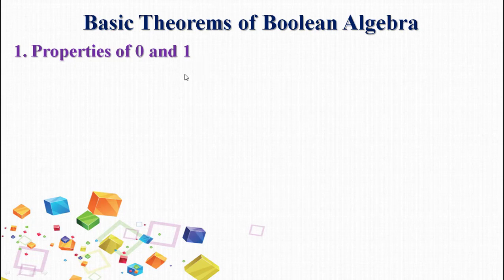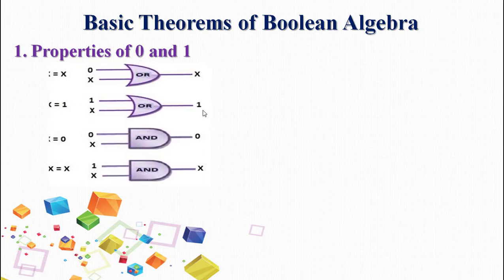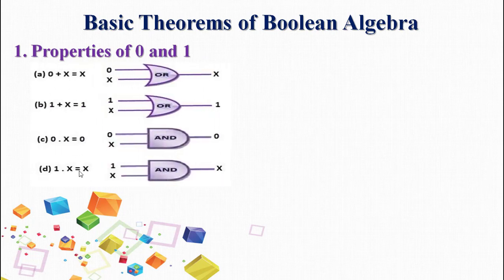We will see this in the properties of zeros and ones. These are the four properties. Two properties belong to zeros, with addition and multiplication, and two properties belong to ones, again by addition and multiplication.